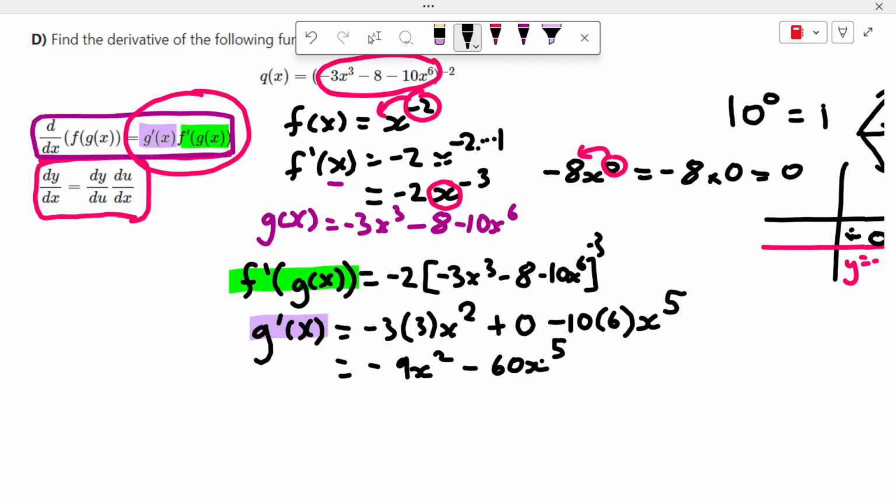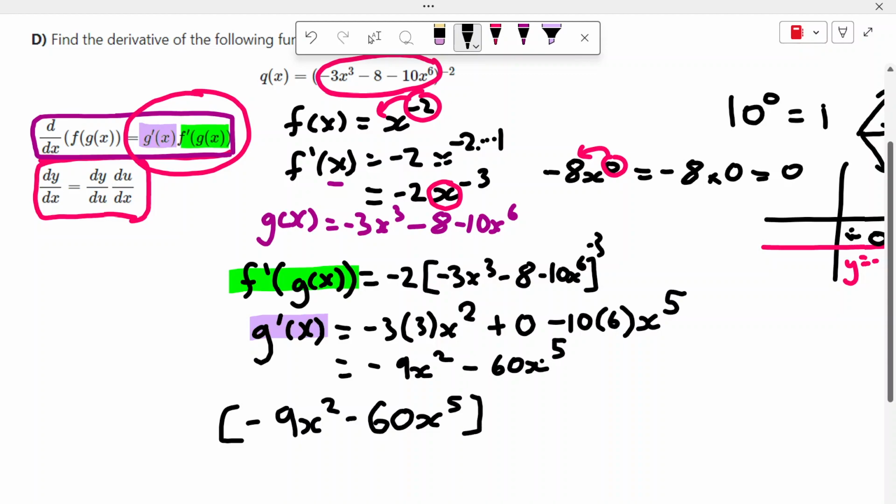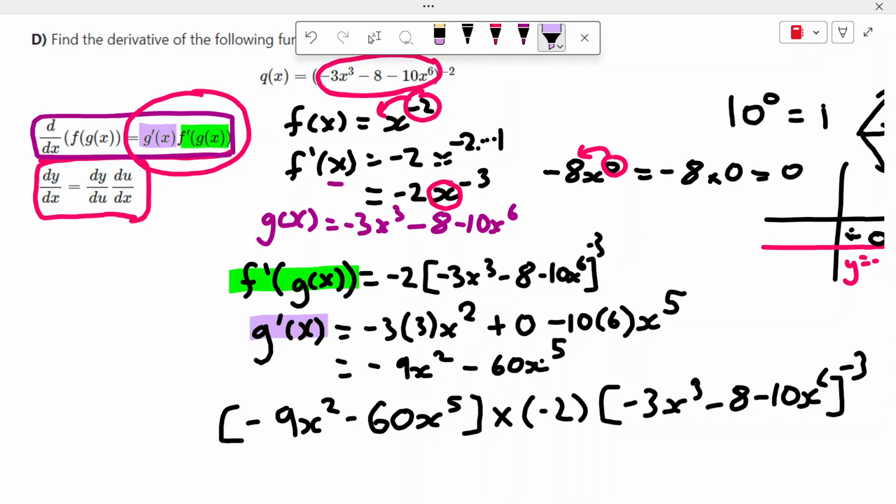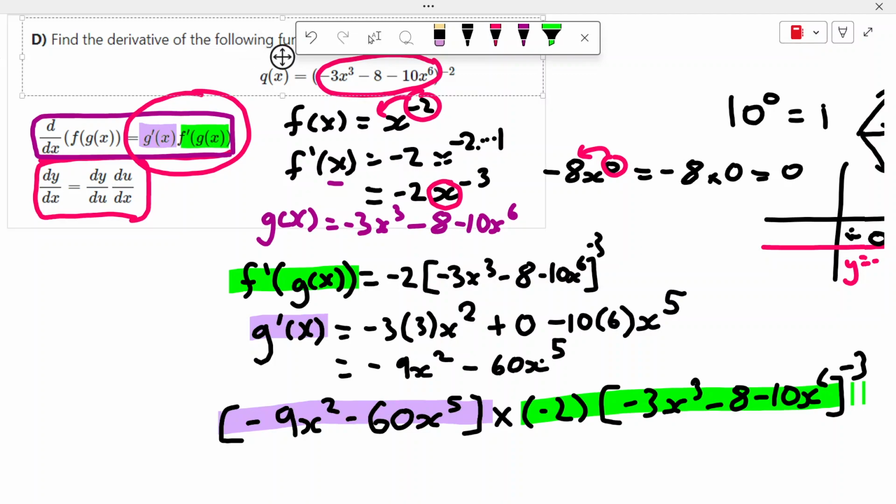We will get g prime of x, which is all of this stuff we've just done, and then we say times that by minus 2 and bring in the rest of it. So again, this bit, and we've got this bit. There we go.